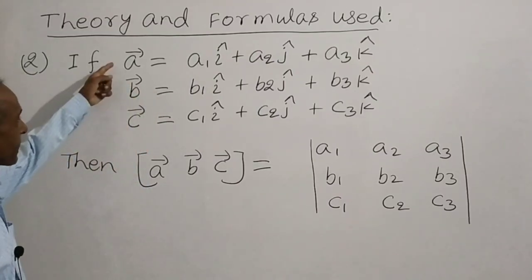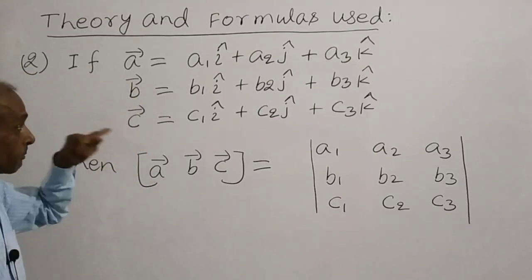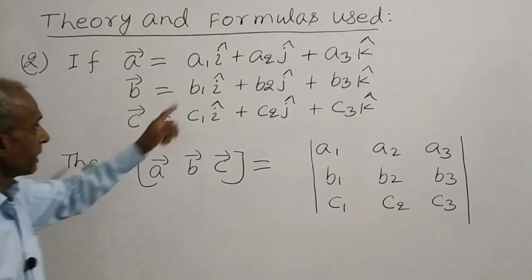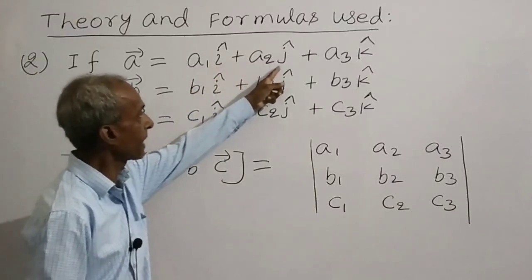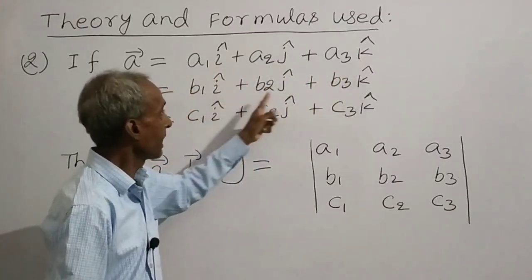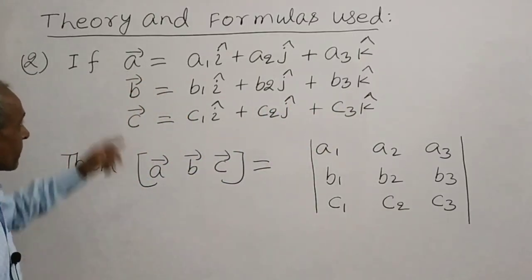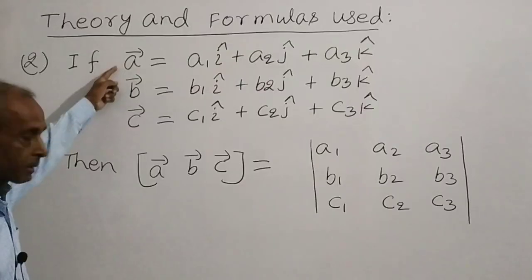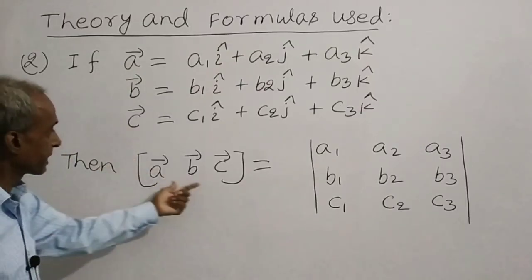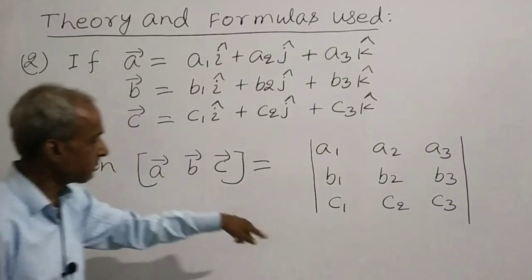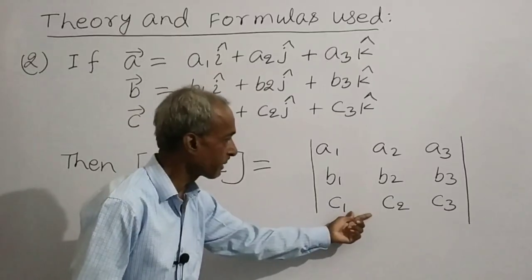If three vectors A, B, C are expressed in terms of i, j, k, then the scalar triple product of these three vectors will be equal to this determinant.